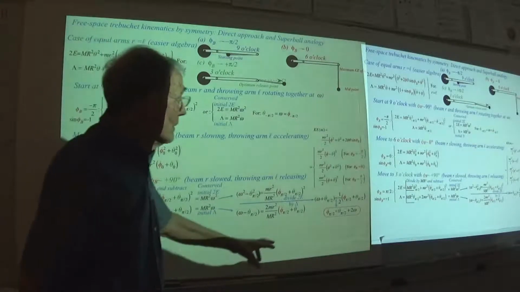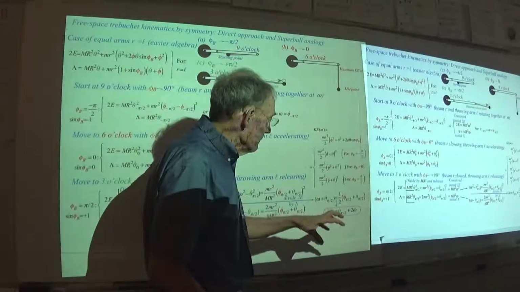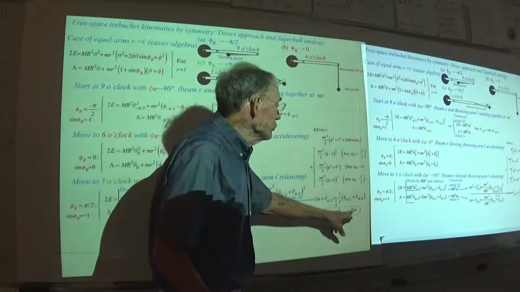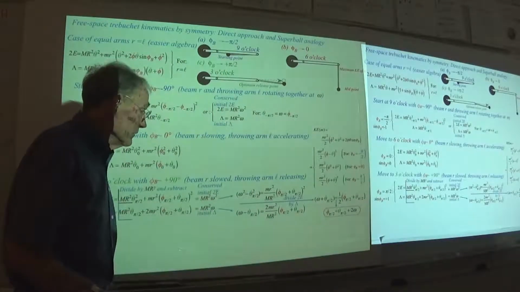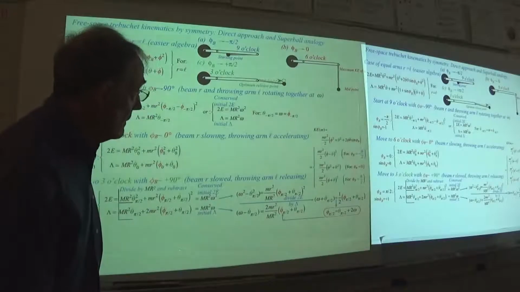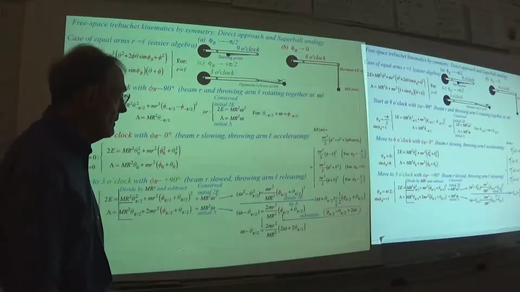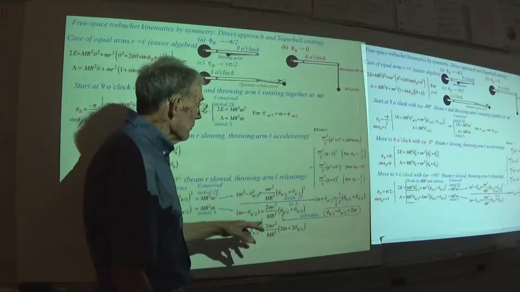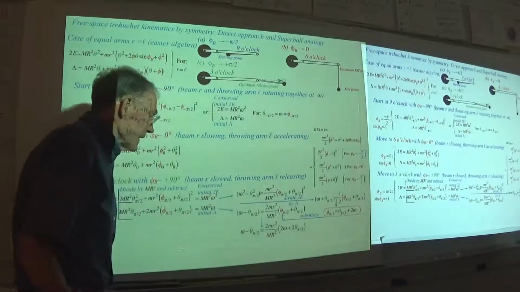What we get is phi dot is equal to theta dot, that's the beam velocity, plus 2 times the omega, this omega that was put in there initially. And you see some equations emerging that are reminiscent of the algebra for the Super Bowl collision thing. Go ahead and substitute that in and divide that out.